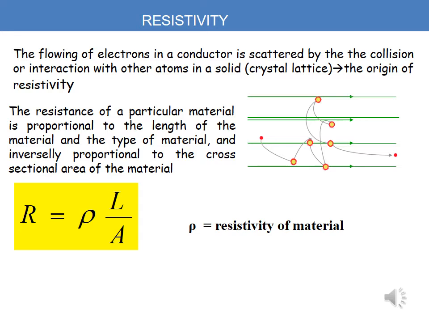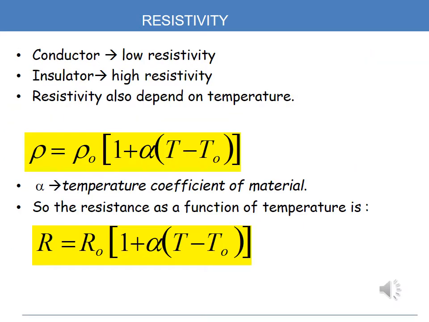So the resistivity of iron, steel, aluminum, and bronze will be different. A conductor has a low resistivity, an insulator has a high resistivity, and resistivity also depends on the temperature.